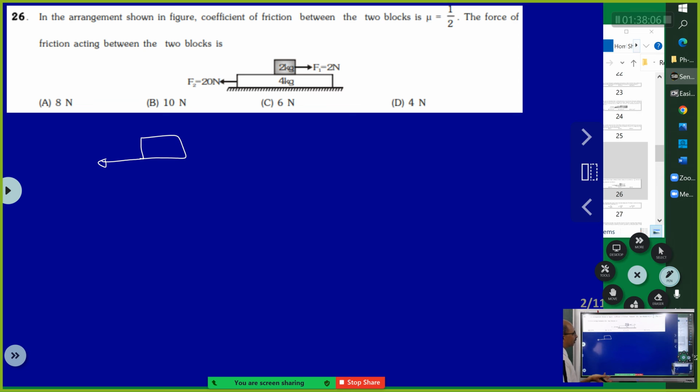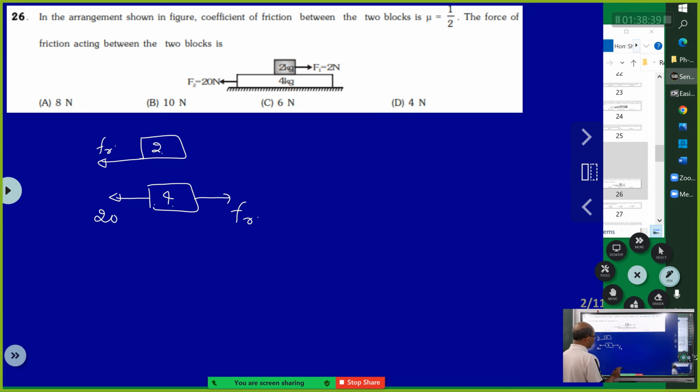So this frictional force is going to drive the 2 kg mass, and as far as the 4 kg mass is concerned, it is going to be 20 Newton minus the frictional force. I am removing F1, only F2 is acting, and assuming both of them are moving together.